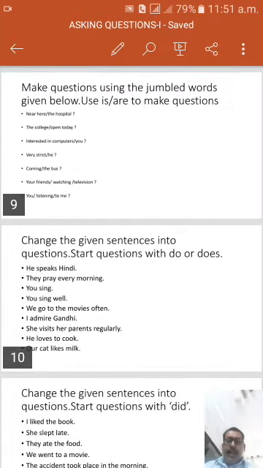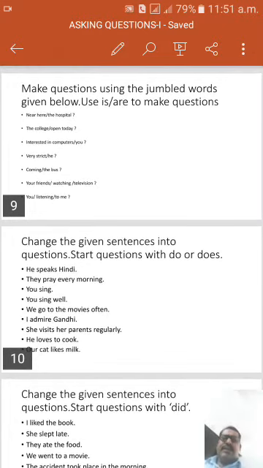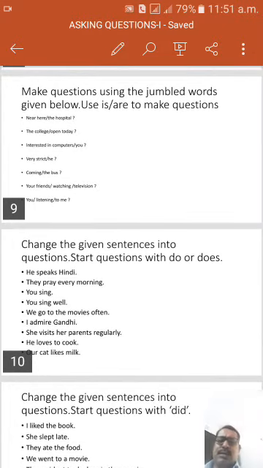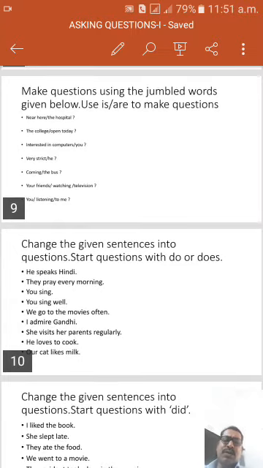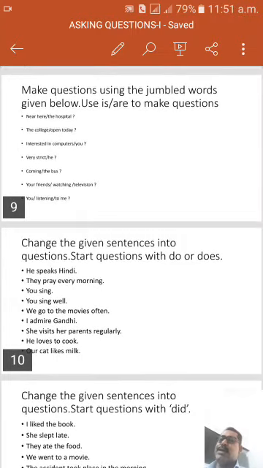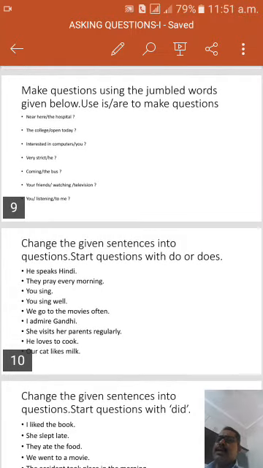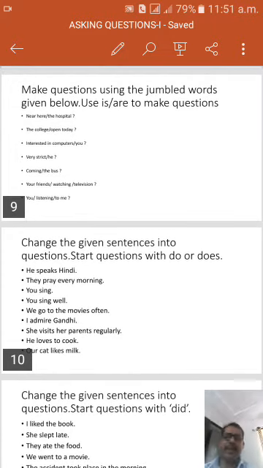So these are the questions we framed with these sentences. I read the questions again. Look at the statements. Does he speak Hindi? Do they play every morning? Do you sing?